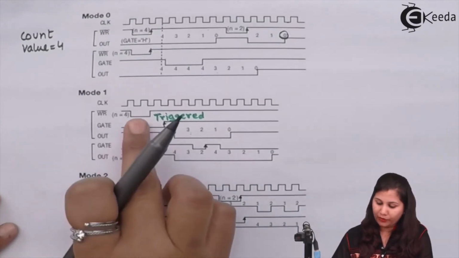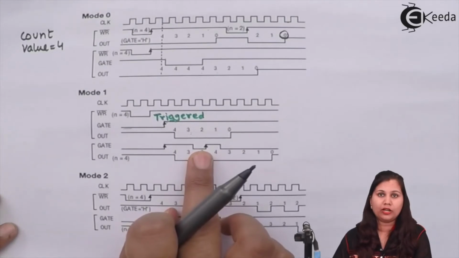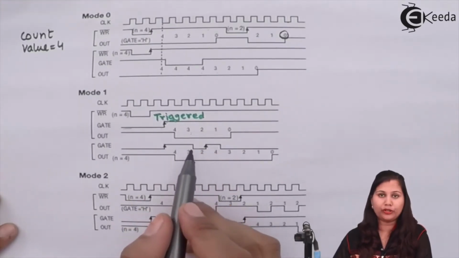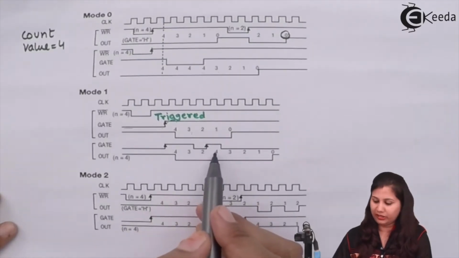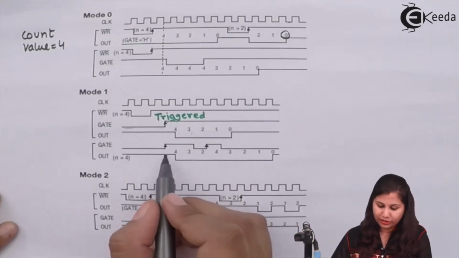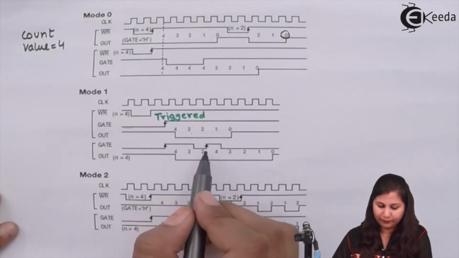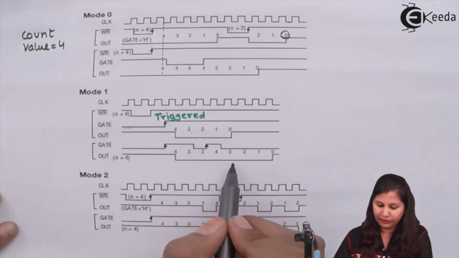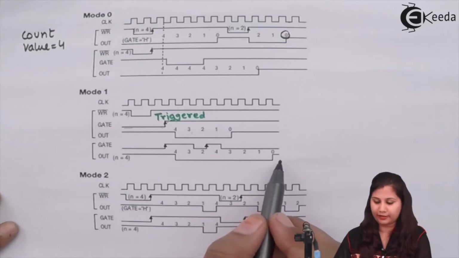Now, in this armed condition, if again a trigger is given, meaning the gate input triggers the counter again, then the counter will be loaded again and the counting will start again. If we give another trigger in this armed condition, the counter will be reloaded and the out signal will be low on the next clock pulse and again the counting will start.